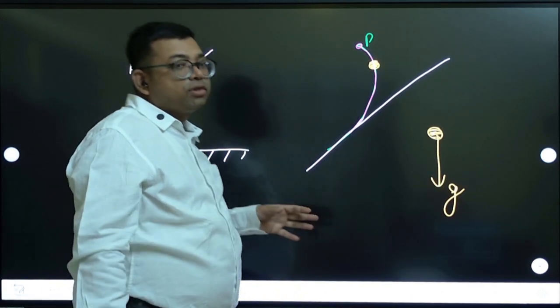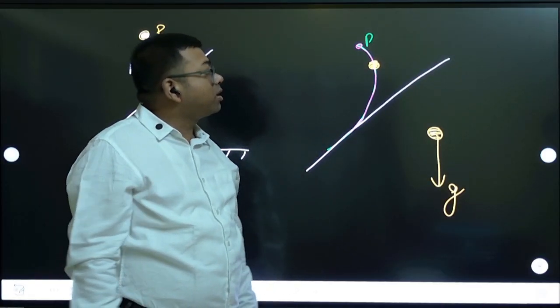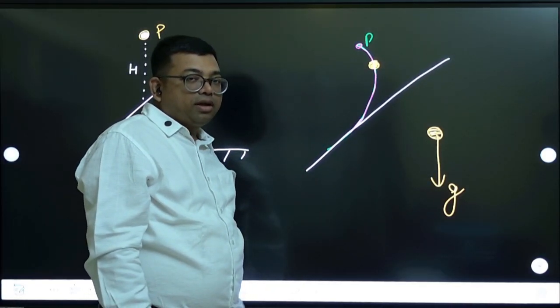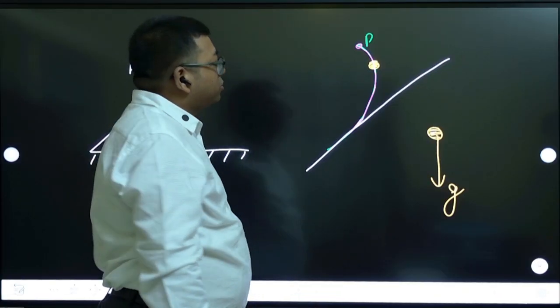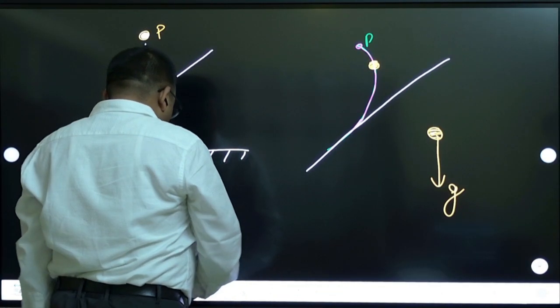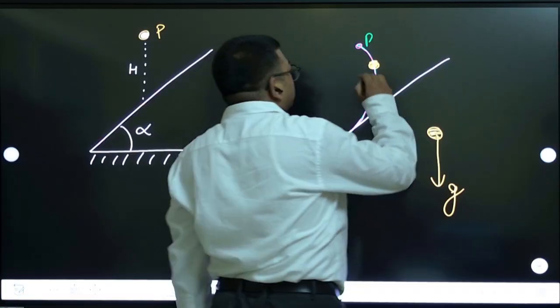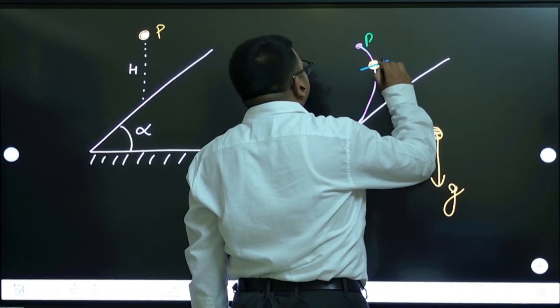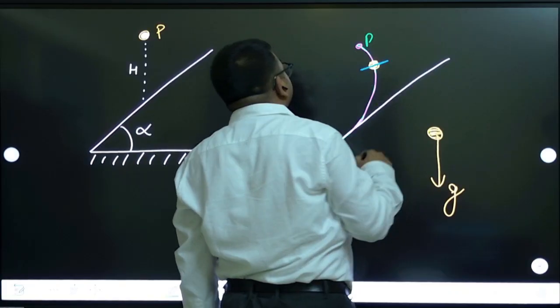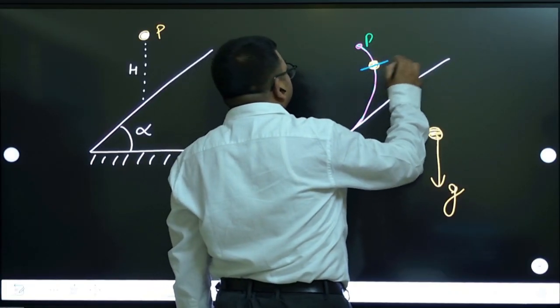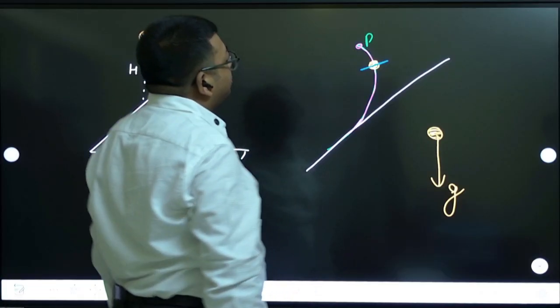But this is not a free fall. Why? Because there will be some contact with the wire, and the wire will apply some contact force. Contact force is always perpendicular to that. So suppose this is there, so contact force will be perpendicular either in this way or this way. It will be perpendicular to the wire.